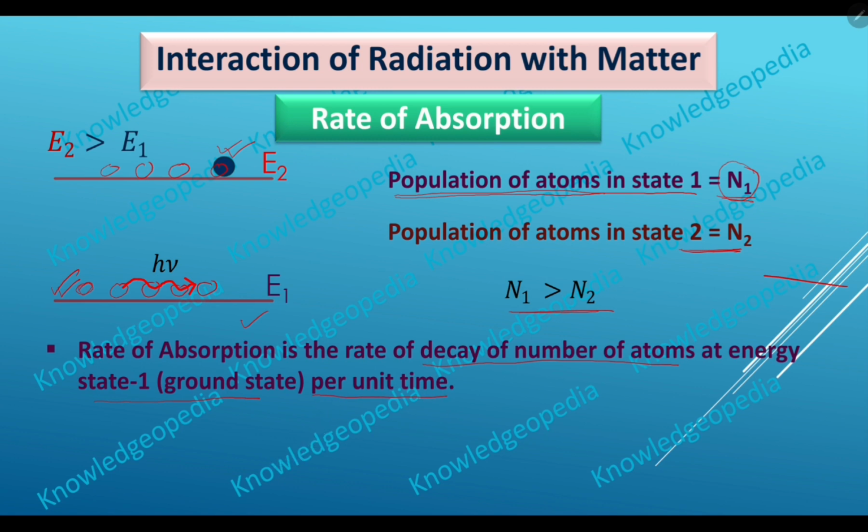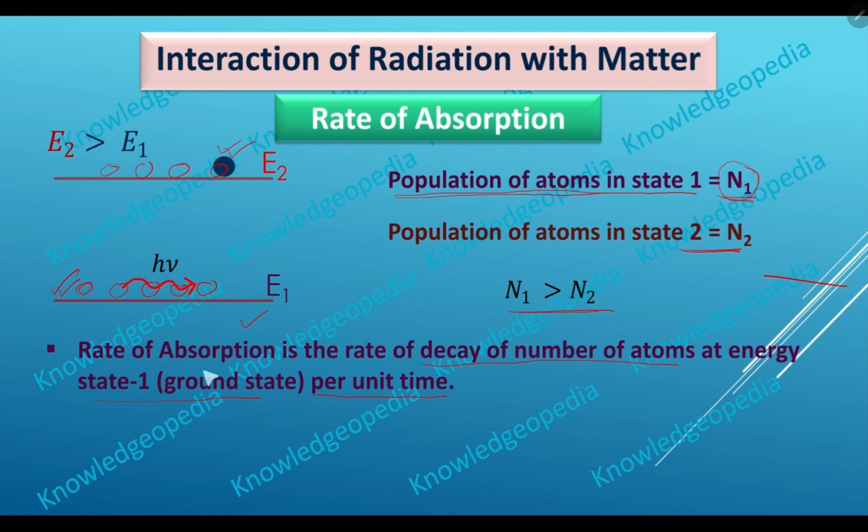per unit time. When an atom is moving from ground state to higher energy state, that means there is decay of atoms at the ground state. So the rate of decay of number of atoms at energy state 1: how many atoms are getting decayed per unit time?